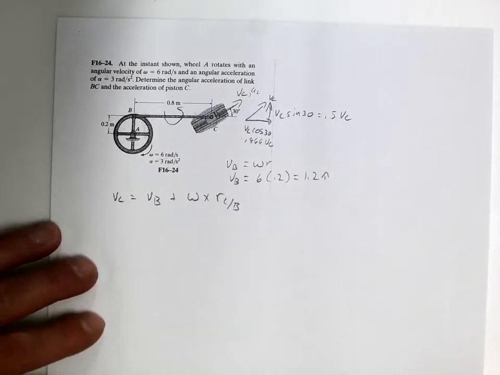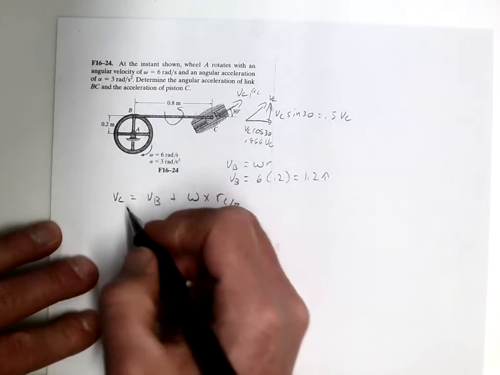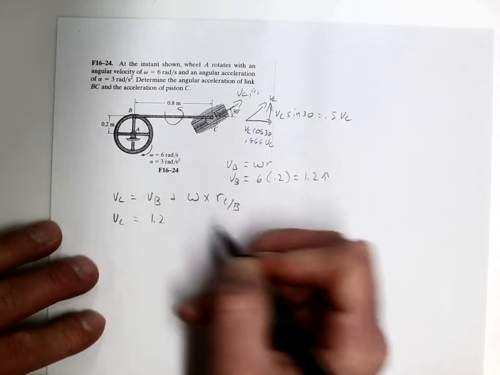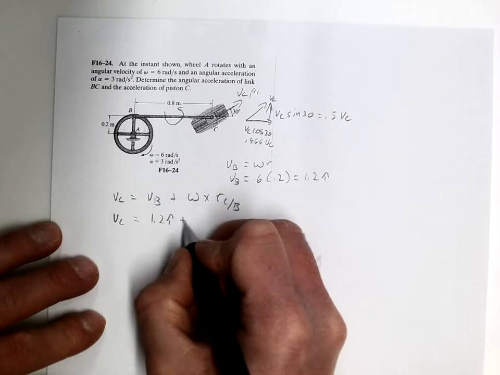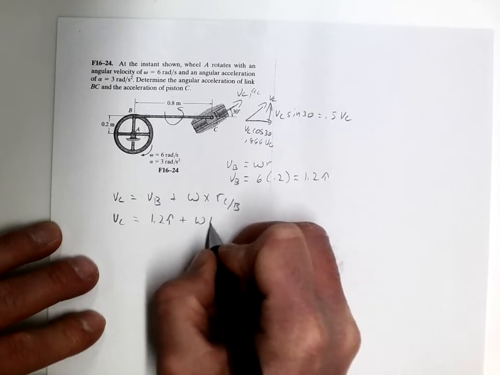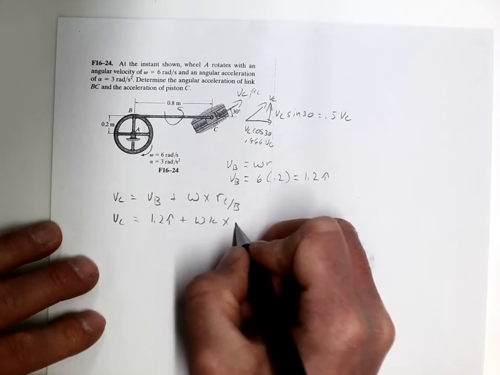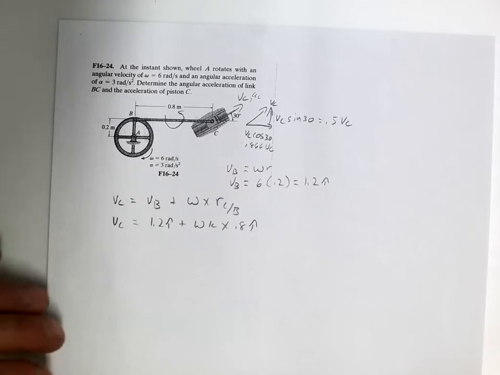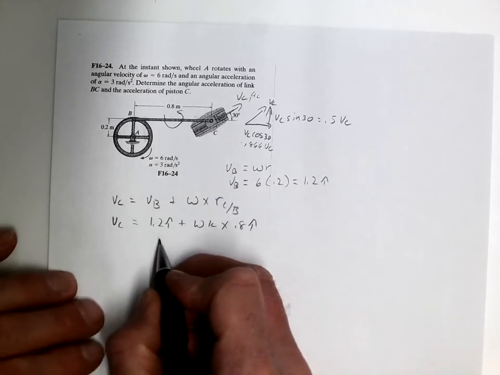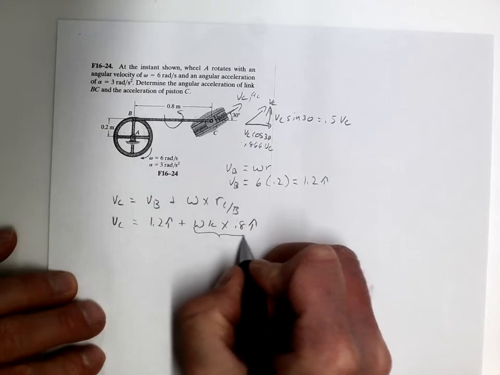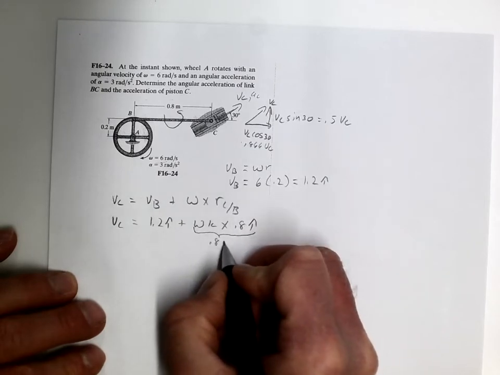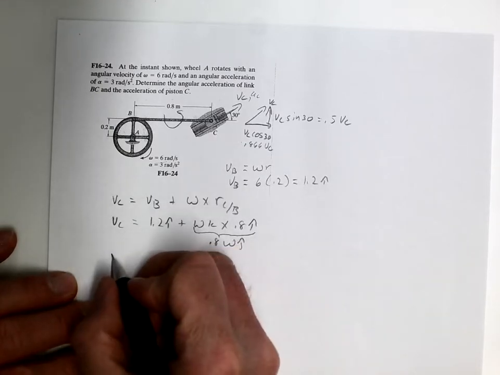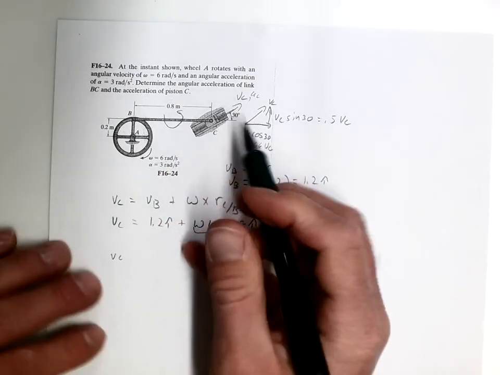Okay. So VC is 1.2 in the I direction plus omega, which is omega in the K direction, cross 0.8 in the I direction. Solving this cross product, we get 0.8 omega in the J. So VC, let's break that up.